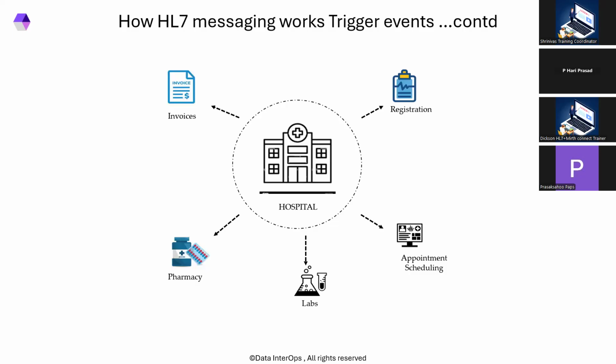HL7 message is a messaging standard. It's a pipe delimited file that you have to generate. When you want to generate this data by extracting it from a database, you can use any programming language. You can use Java, JavaScript, Python, C, C++. You can use any one of them.